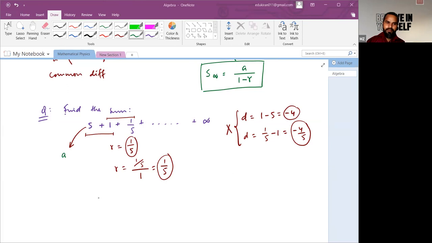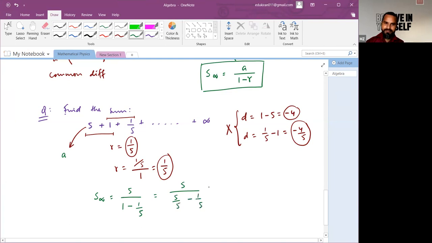Just see, here S infinity is equal to A, which is 5, divided by 1 minus R, which is 1 by 5. So you have to take the LCM of these two terms. We can write 5 divided by 5 by 5 minus 1 by 5.